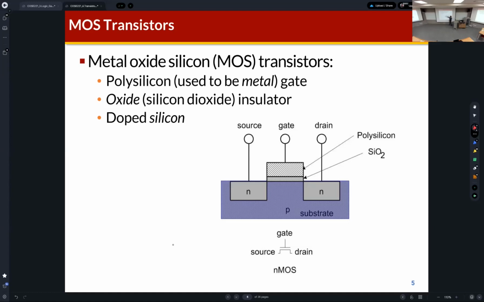You can find the N-type silicon here, and P-type silicon here. This is the source, this is the drain, and this is the gate. The metal wire is connected to this N-type silicon, so this is called the N-well.